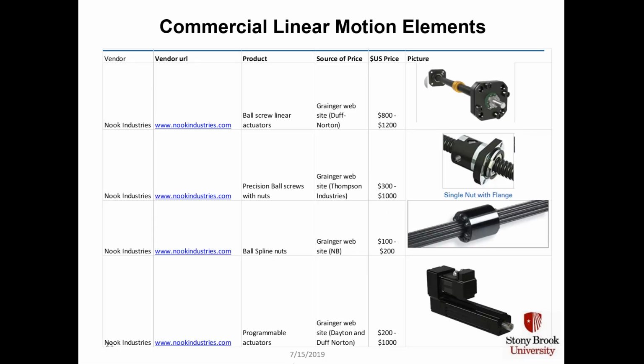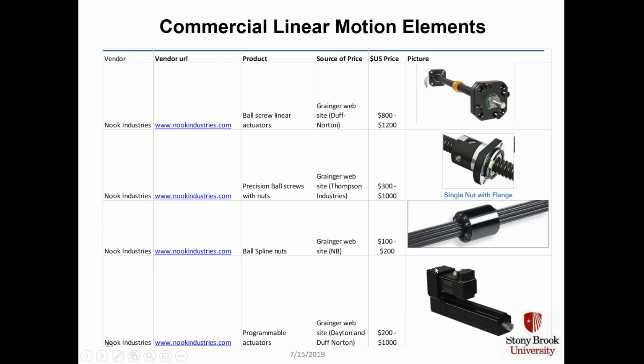These next two slides will show you some commercial examples of linear motion elements, and also how expensive they are. This top one is called a ball screw linear actuator. They're going between $800 and $1,200. This next one is a precision ball screw with nuts, somewhere between $300 and $1,000, both from Grainger.